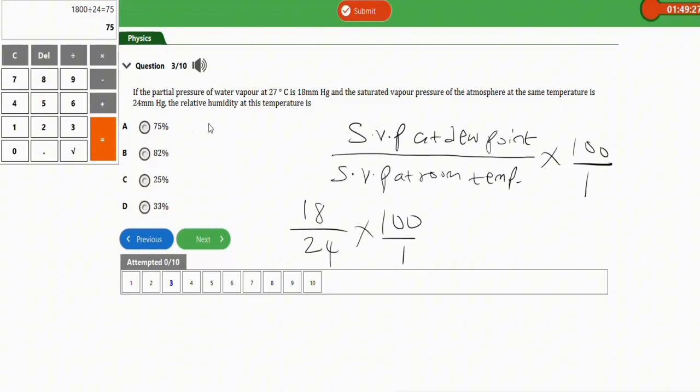That will be the answer to this question, option A. Okay, so basically, even without making use of this formula, to easily get it in almost all cases, just take the least value over the highest value times 100 over 1 in terms of pressure. Alright, that's how you can do this. So let's wipe this now and solve the next repeated question.